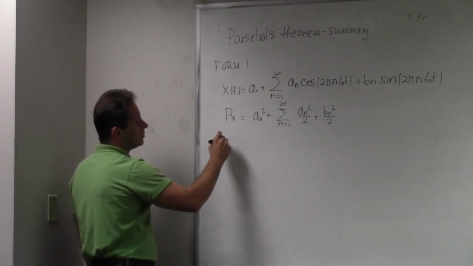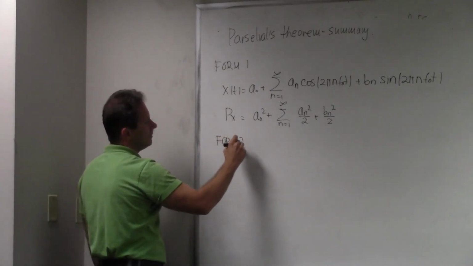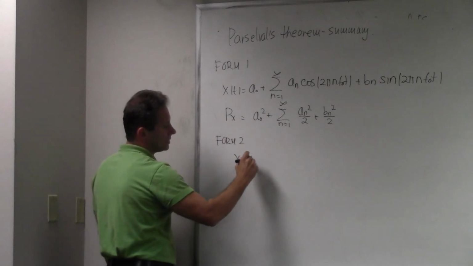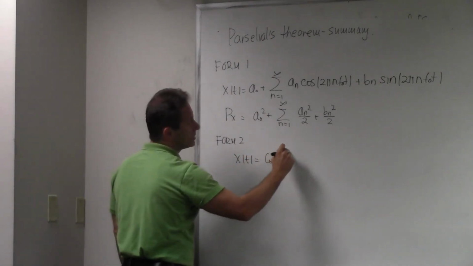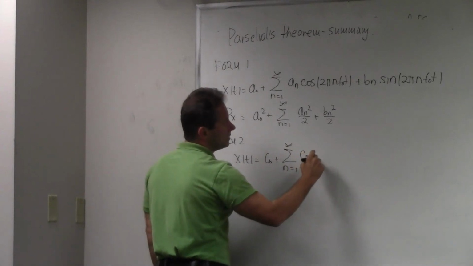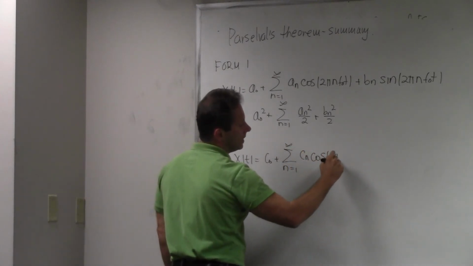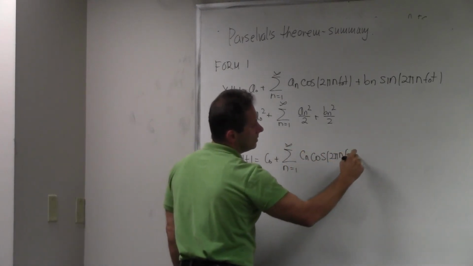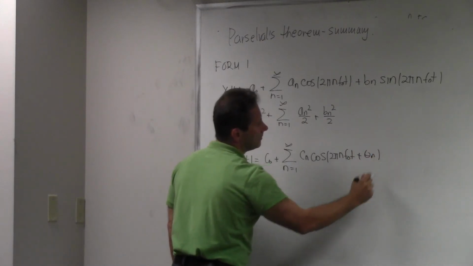If I look at form 2, x of t is represented as c0 plus the sum, n from 1 to infinity, of cn cosine of 2 pi n f0 t plus theta n.